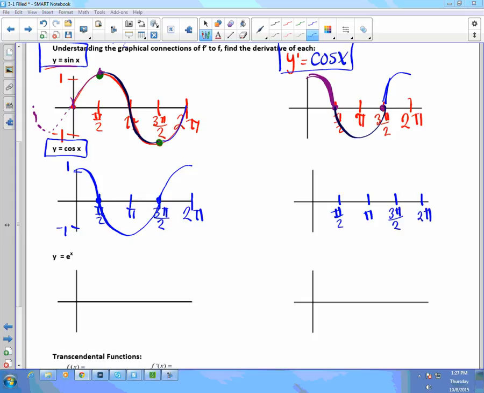Now there are 3 maxes and mins. There's one on here, 2 of them. 1, 2, 3. Alright, way too far. We're only going to 2 pi, so maybe we'll just have it on the board. Just the 2 pi. Good, so what's that called? That's it.